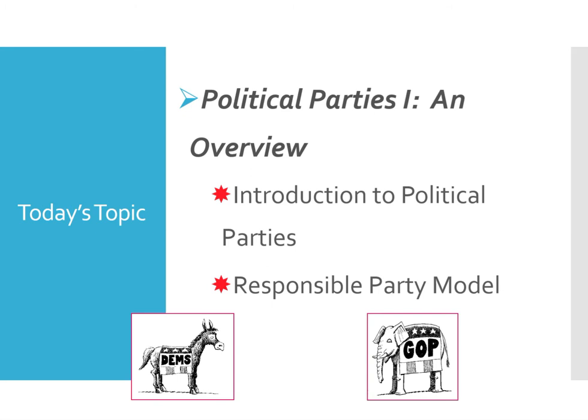And we'll discuss this ideal type of the responsible party in a democratic society and how far, in some respects, political parties today and how they actually function may deviate from that responsible party model.